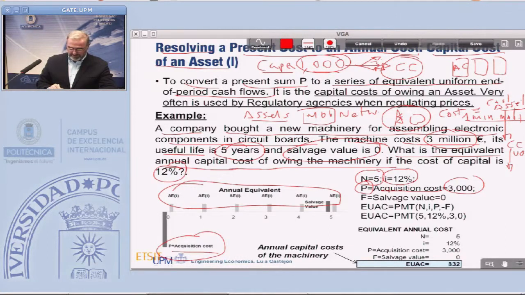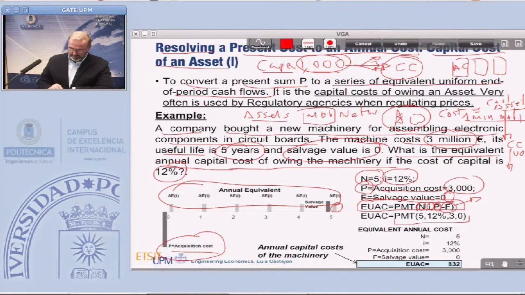The future value of the investment, the salvage value, is equal to 0 in this case. So the formula for the annual equivalent cost is the payment over n years, interest rate, present value (the acquisition cost), and future value (the salvage value). This is the formula used in Excel or in the financial calculator.